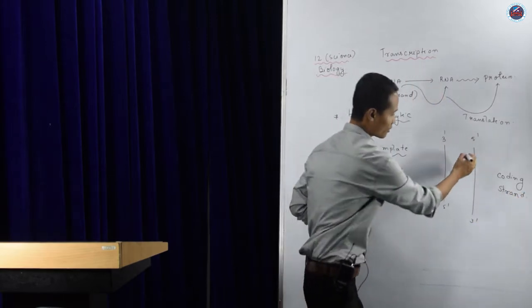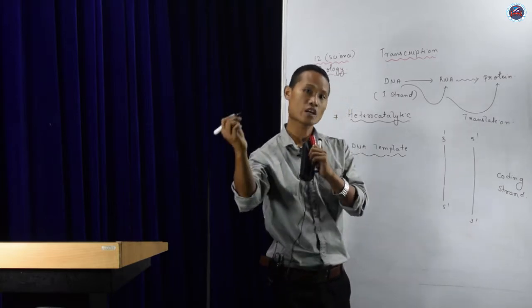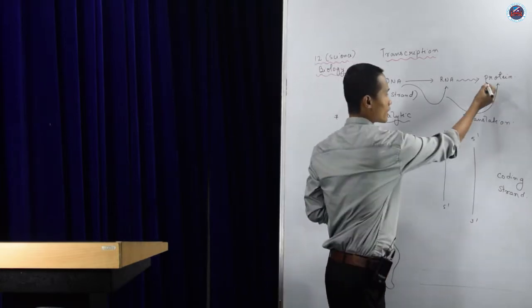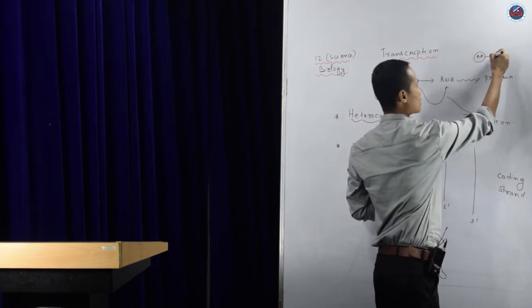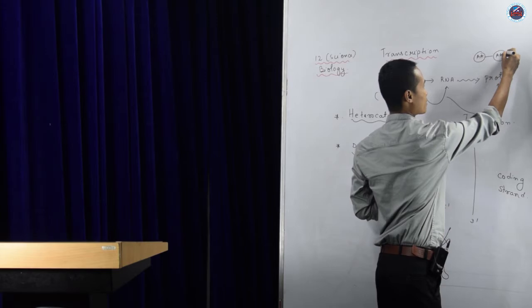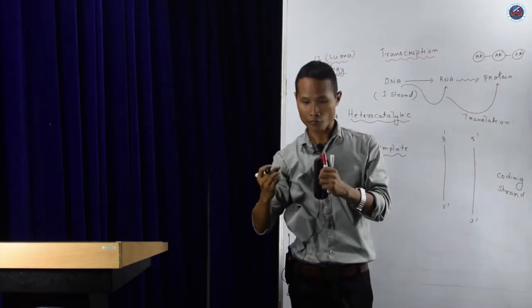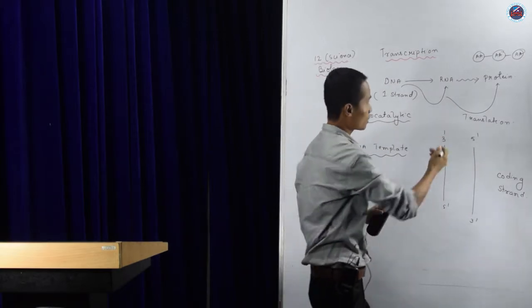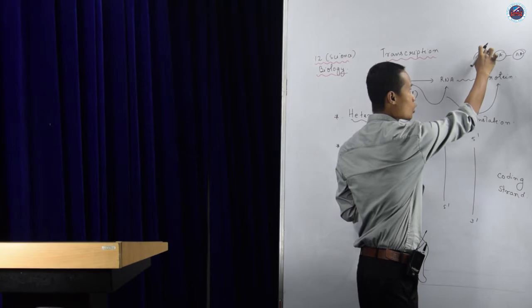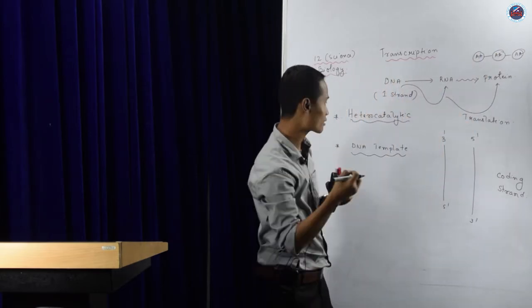In this strand, there will be nitrogenous bases which are going to code for amino acids. You have to know that proteins are made up of amino acids. Say one amino acid, second amino acid, third amino acid. As many amino acids keep on joining, a protein is formed. But to code for these amino acids, which amino acid will come first depends on the code.